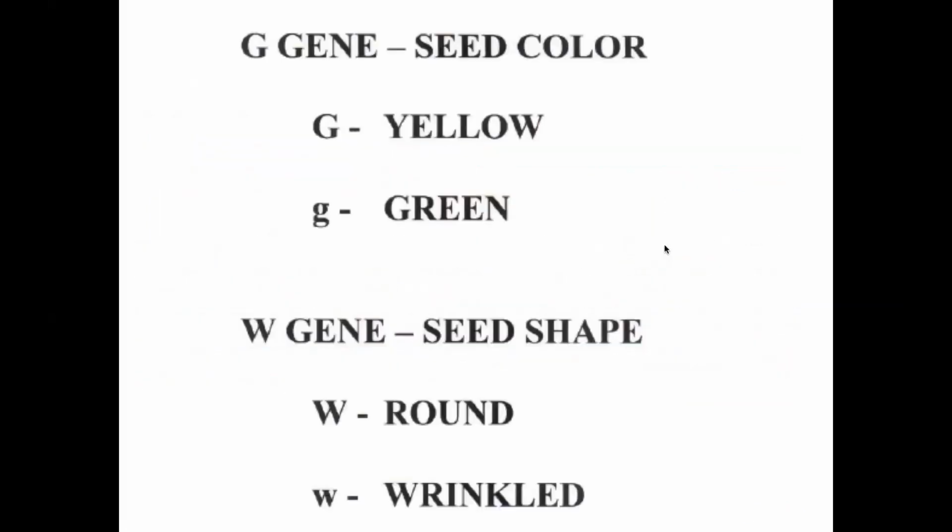From this dihybrid analysis, Mendel was able to derive a fourth law of heredity that is applicable for all diploid sexually reproducing organisms, as long as you have independent assortment.